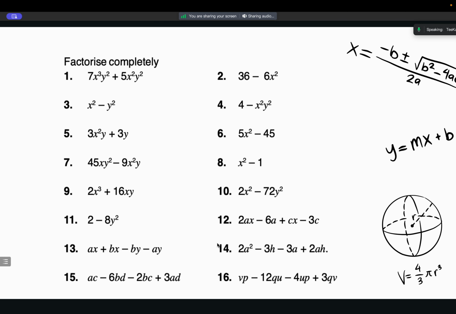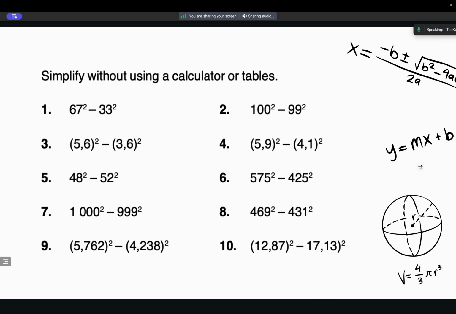But for all of them, you just do the same things we did before in this video. And then a bonus, you can also try to do this. This one is to simplify without a calculator or a table. You just try to use the difference of two squares to get to an answer.